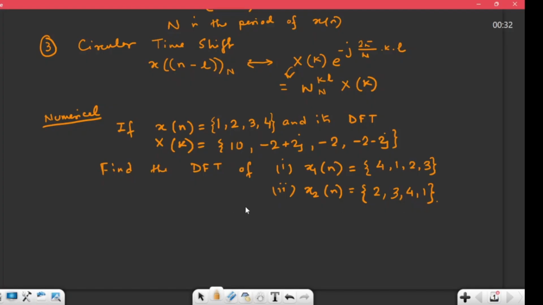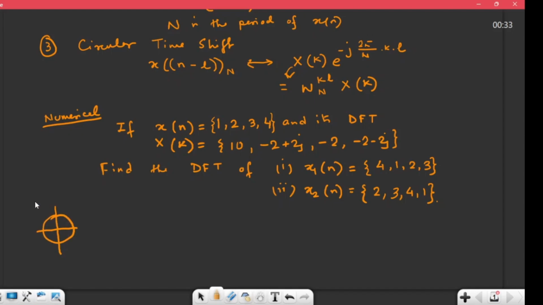Given this numerical, what we have to do first is find the relationship between x1(n) and x(n).